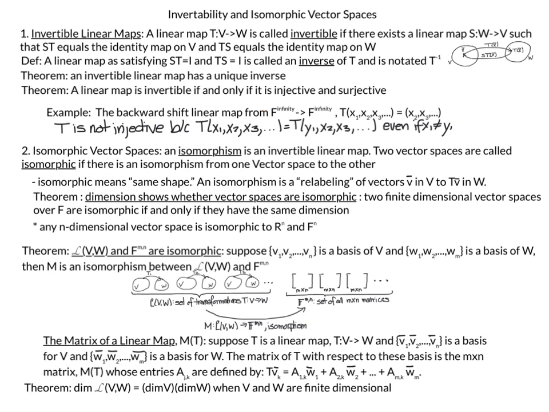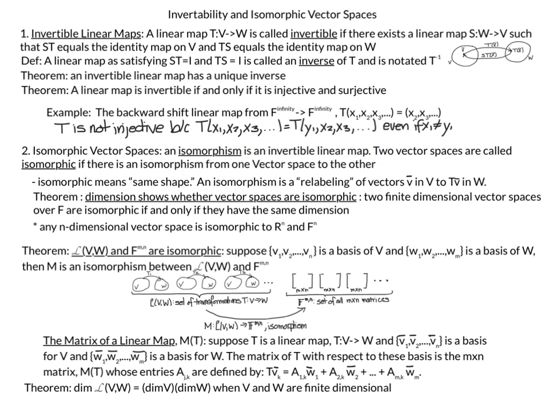The next thing we covered were isomorphic vector spaces. So an isomorphism is an invertible linear map. Two vector spaces are called isomorphic if there's an isomorphism from one vector space to another. And isomorphic means same shape.